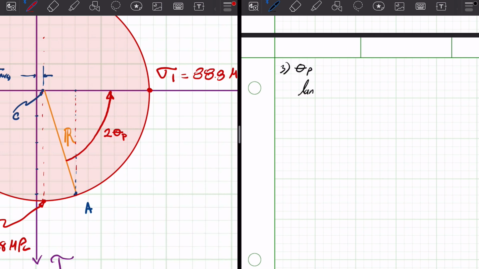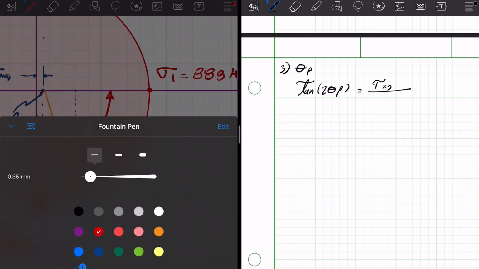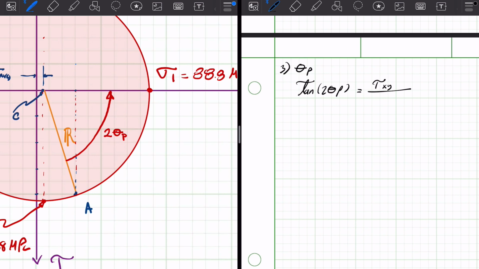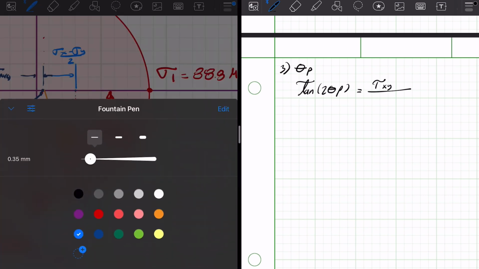So the tangent of 2 theta P, just based off this graph here, is equal to the opposing side, which in my case would be the original tau xy, divided by the horizontal component that we have for this graph. Remember that this element here is sigma x minus sigma y divided by 2.